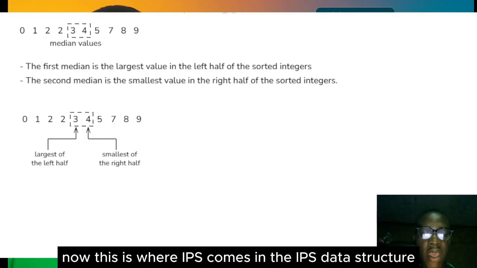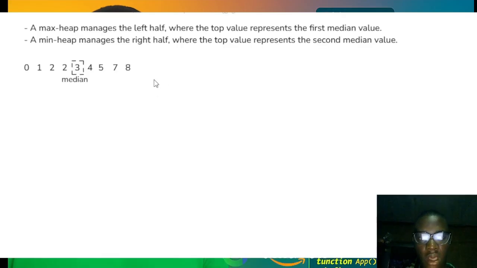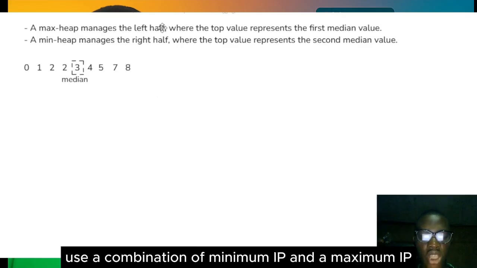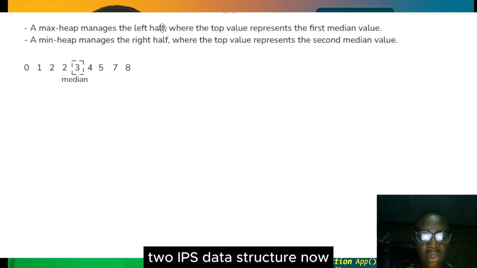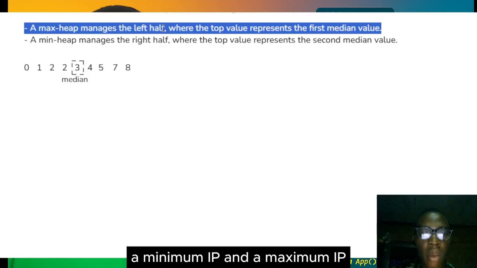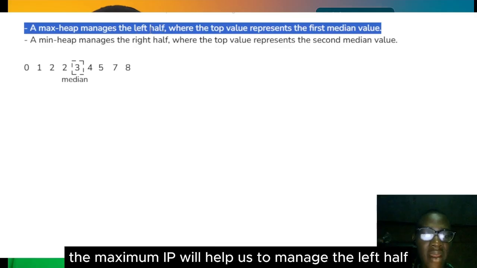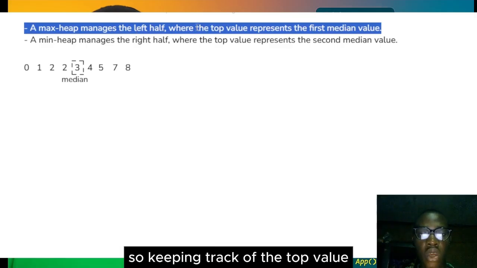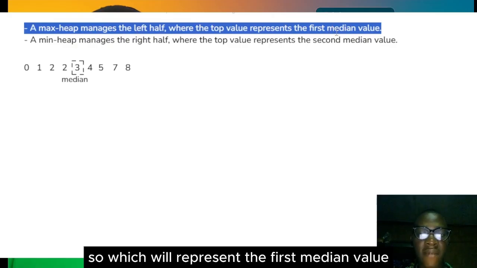Now this is where heaps come in, the heap data structure. We can use a combination of a minimum heap and a maximum heap. Two heap data structures now, where the maximum heap will help us manage the left half, keeping track of the top value, which will represent the first median value.